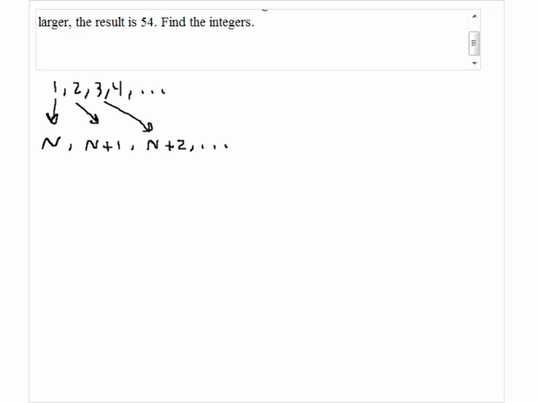So for the smaller of two consecutive integers, what we can do here is let n be the smaller integer.